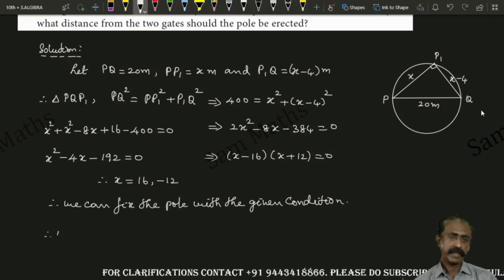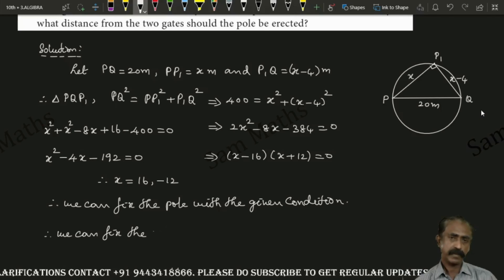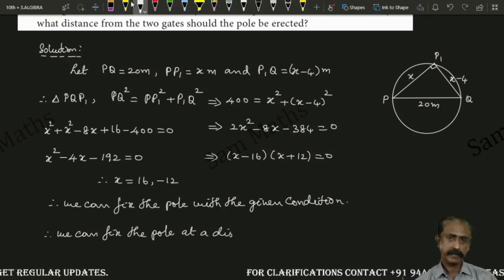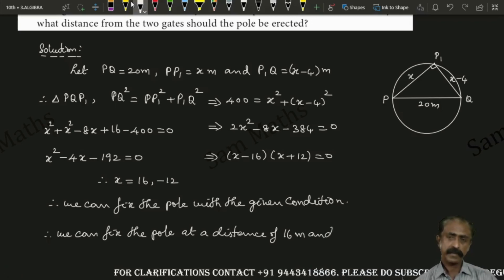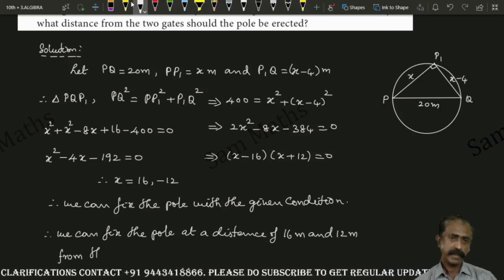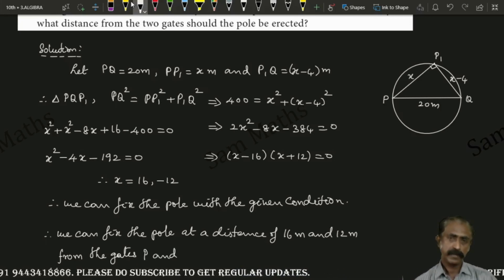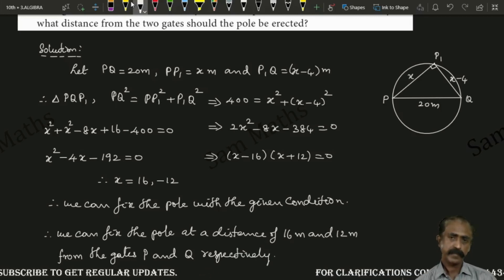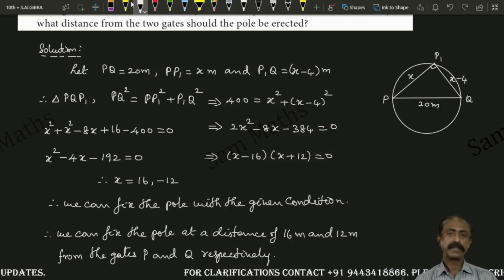Therefore, we can fix the pole at a distance of 16 meter and 12 meter from the gates P and Q respectively. So this is the required data.